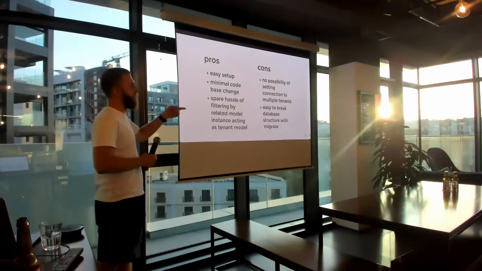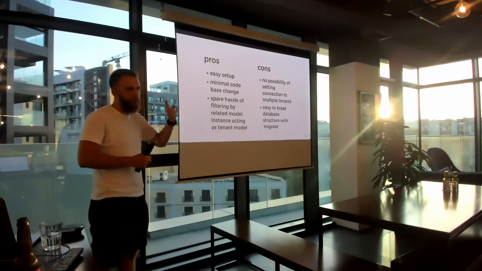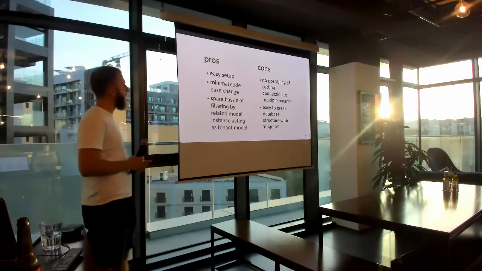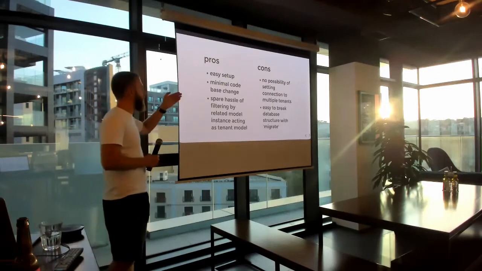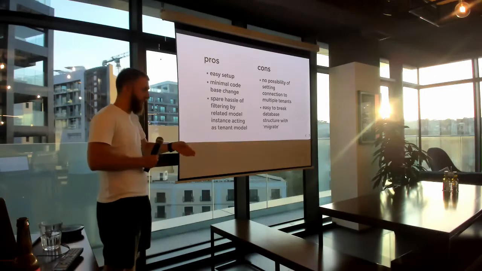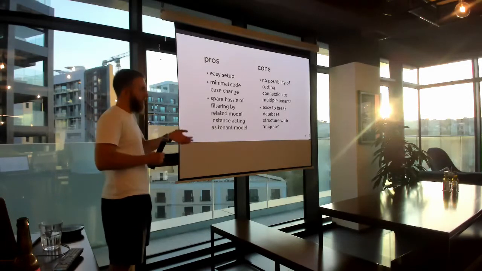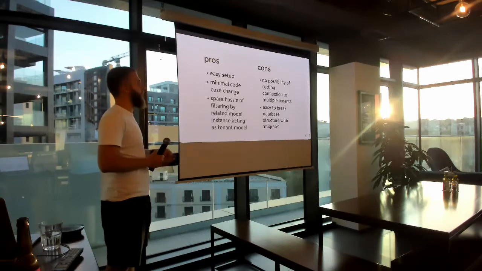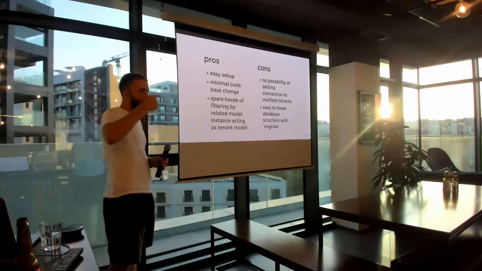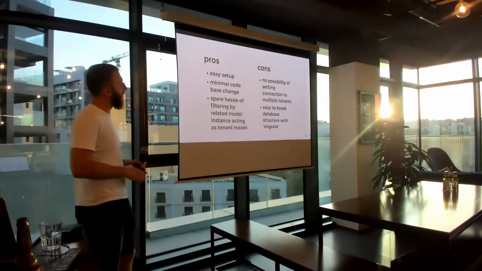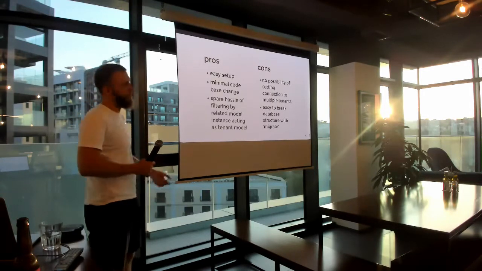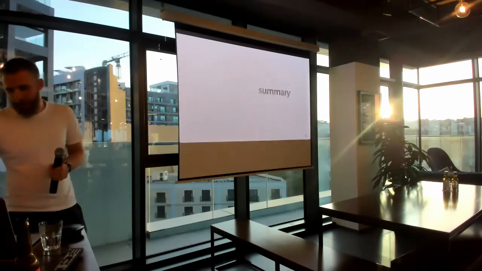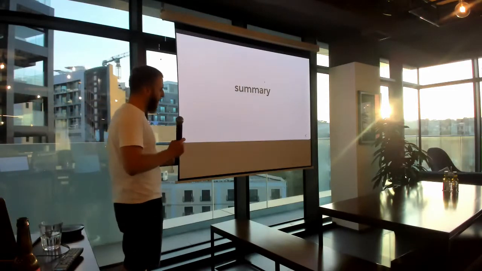And it spares you the hassle of filtering based on a specific model. So that's actually easy. The cons: there's no possibility of setting a connection to multiple tenants at once. It is possible in Postgres, but not in Django tenants. That's why we needed to iterate over tenant model instances in the previous example. And it's easy to break the database with Migrate.